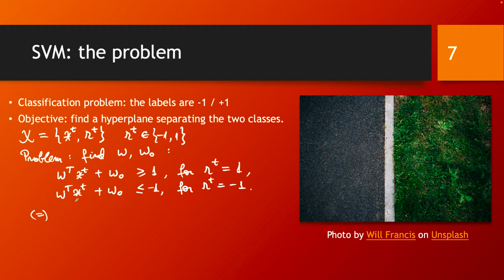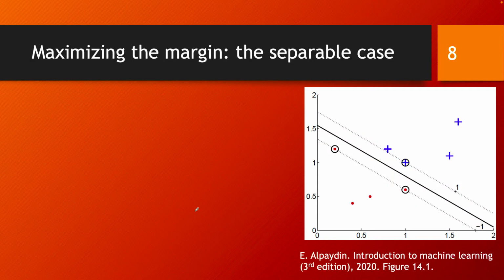So this is equivalent to the product between the label and w transpose times x^t plus w0 being larger than or equal to 1, and this is now valid for all the data points regardless of what the label is. So the whole idea is that we would like to find this margin, and we would like to enlarge this margin as much as possible.